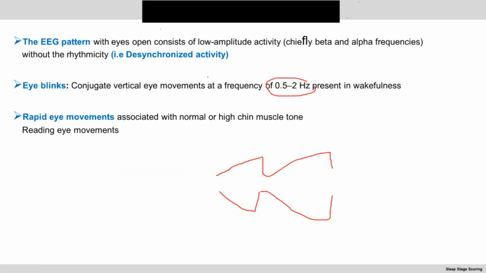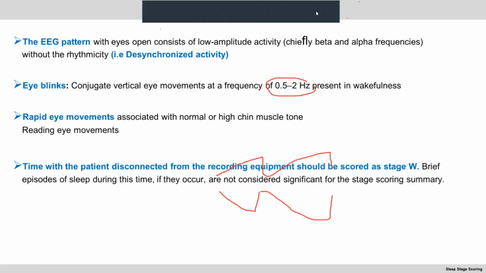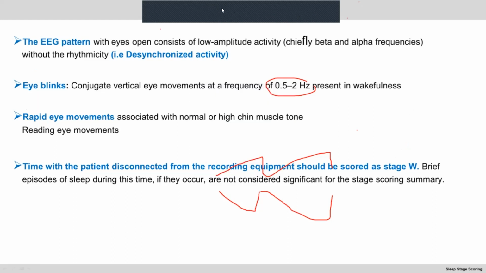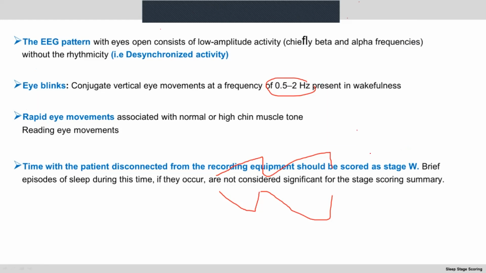Okay. So stage wake, desynchronized activity. The EEG pattern in wake stage is desynchronized activity, alpha.